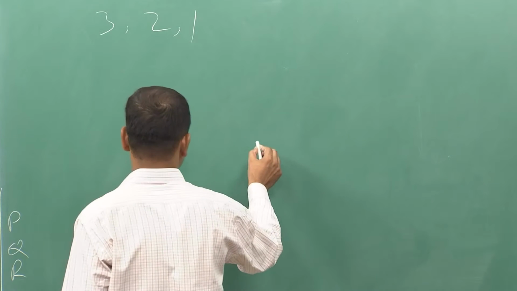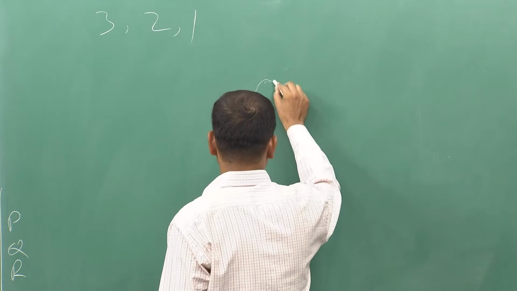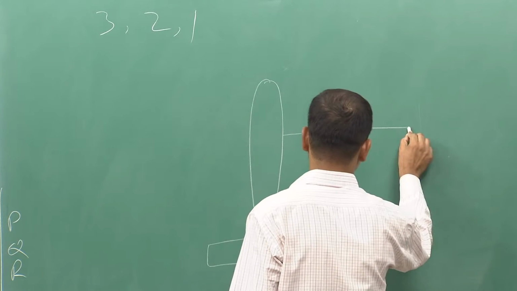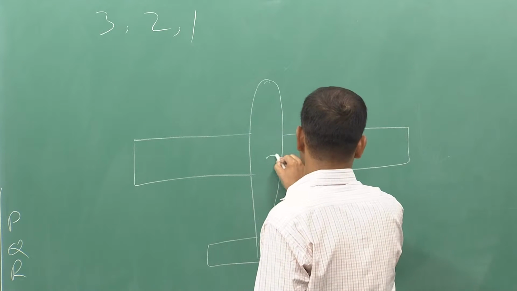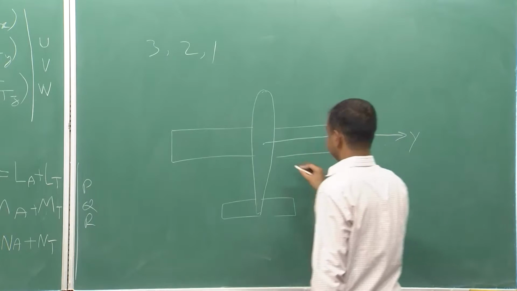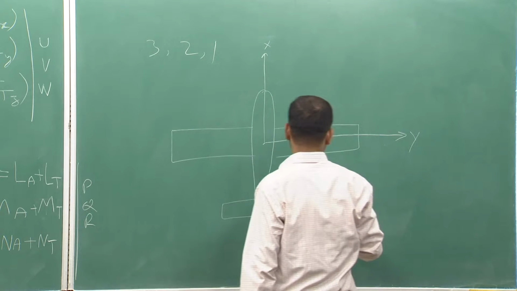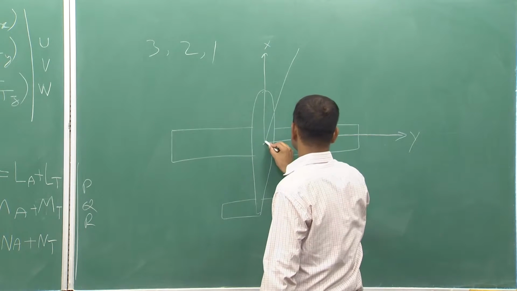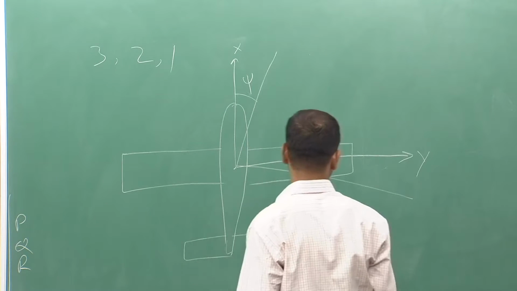Suppose I have a top view of my aircraft. This is the positive y, this is the x, and if you rotate it like this, this is the psi, this we call the psi rotation.